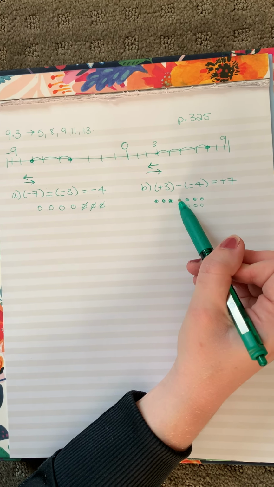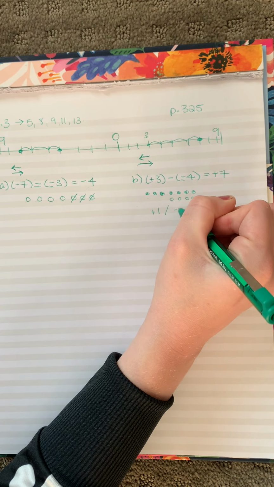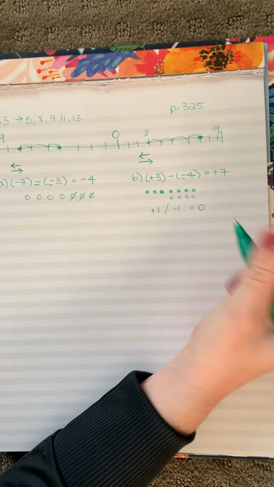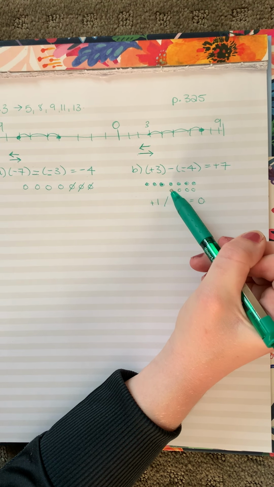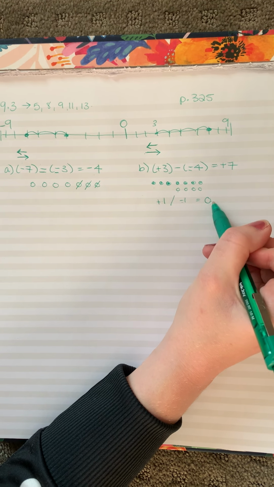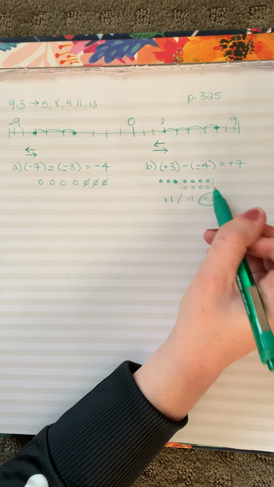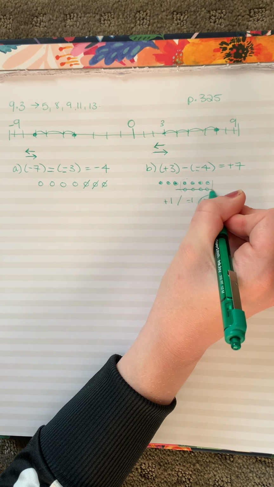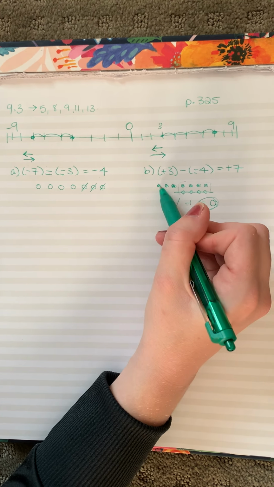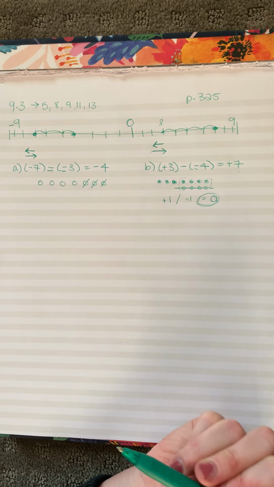We know that a positive number and a negative number, so positive 1 and negative 1, equal 0 because they are opposites of each other. So by adding both positives and negatives, my answer is still equaling 0 for these 4 chips. But now I have the negative chips to take away. So I'm going to take away these 4 negative chips. That is going to leave me with positive 7.